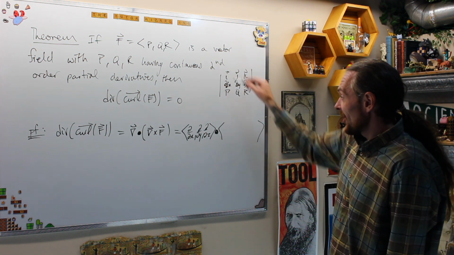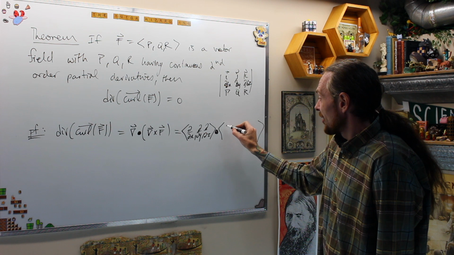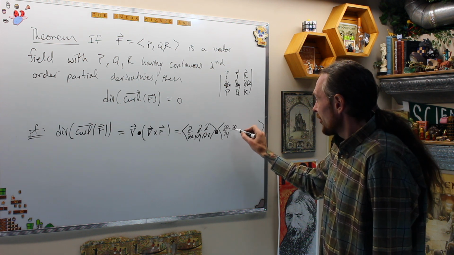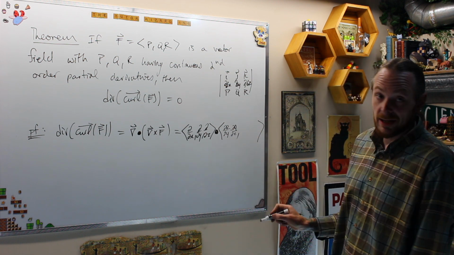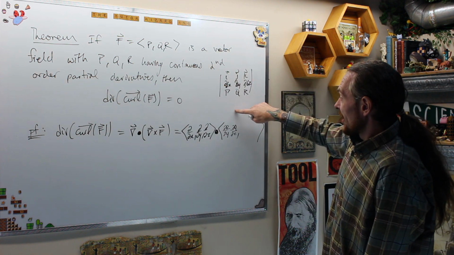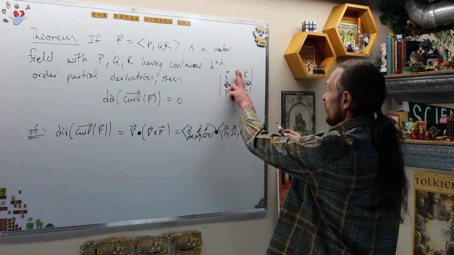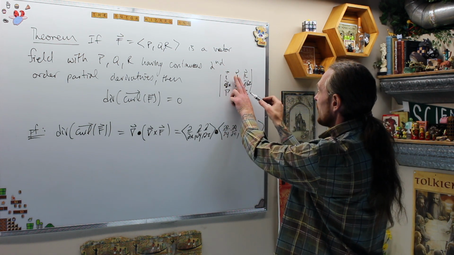So what is that going to give me? When I block off this one, I'm going to get the partial of r with respect to y minus the partial of q with respect to z, comma. Then I'm going to block off this one. So, and then we're going to get negative. So we're going to get the partial of, what am I blocking off? This one.